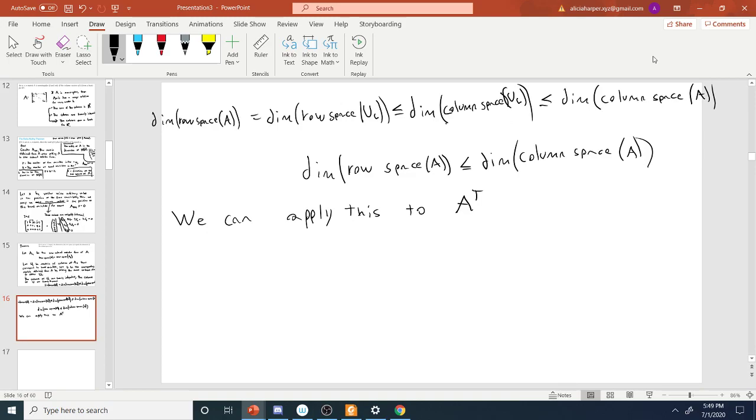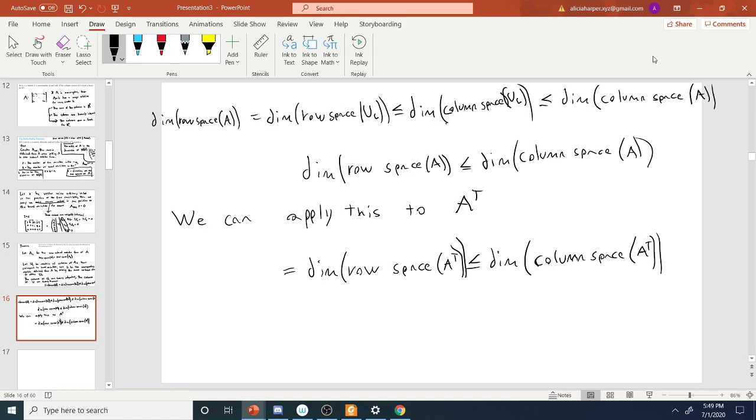And if we apply it to A transpose, we get that the dimension of the row space of A transpose is less than or equal to the dimension of the column space of A transpose.